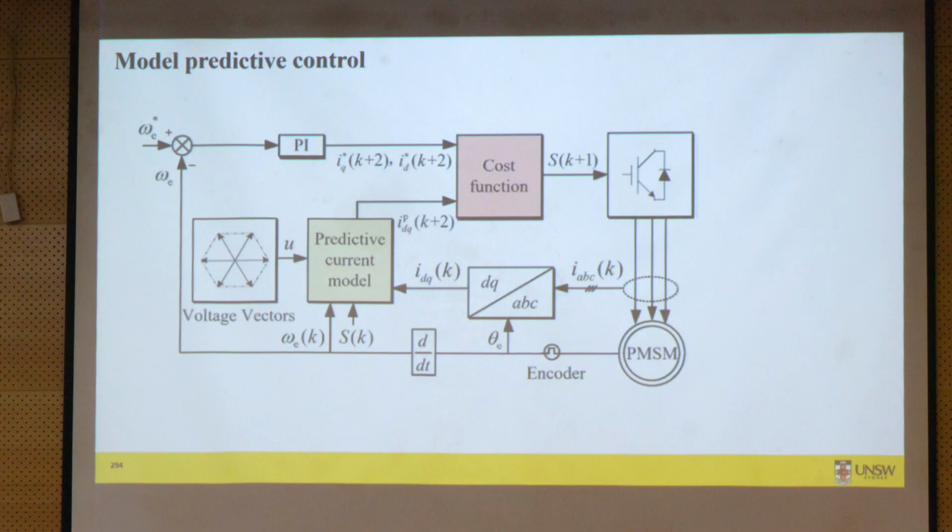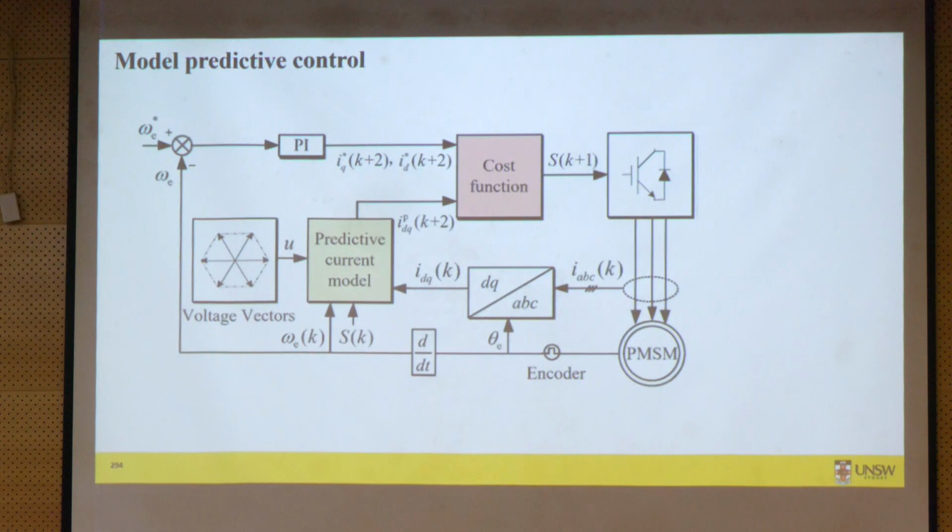This becomes your optimum space vector, which you try to find through the cost function, the optimum space vector that will reduce the error between the reference current and the estimated or predicted current.